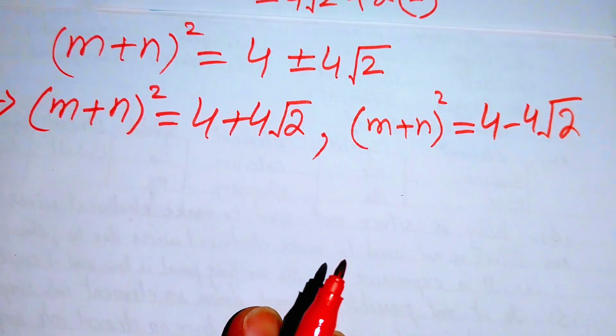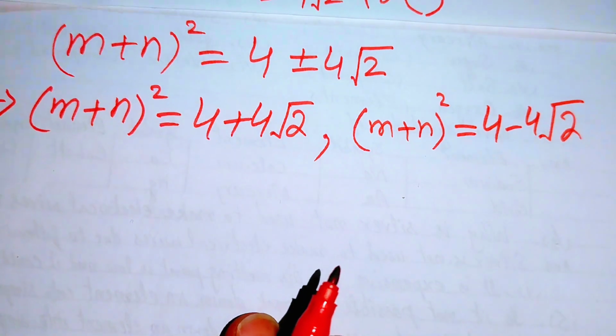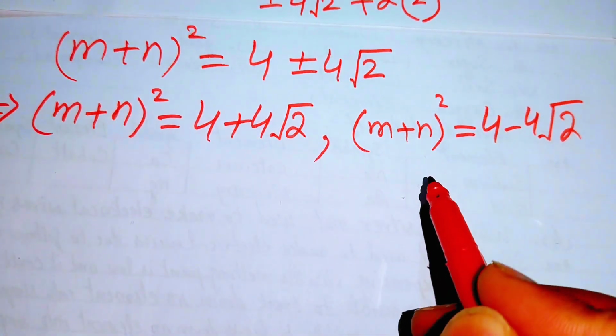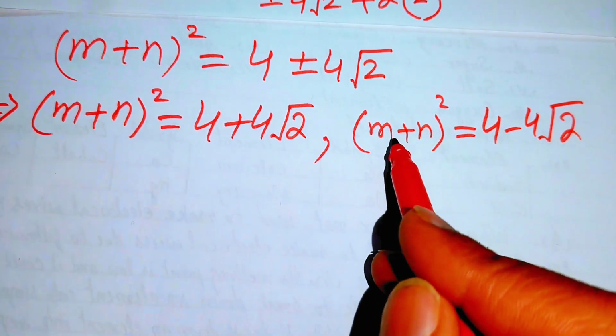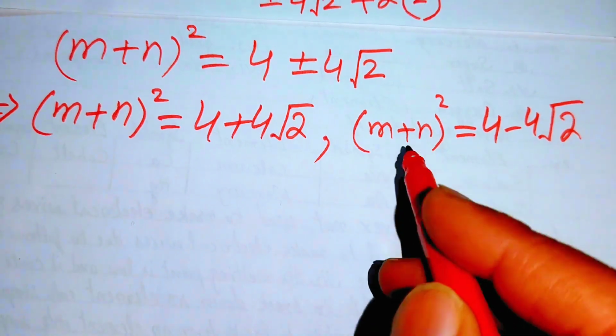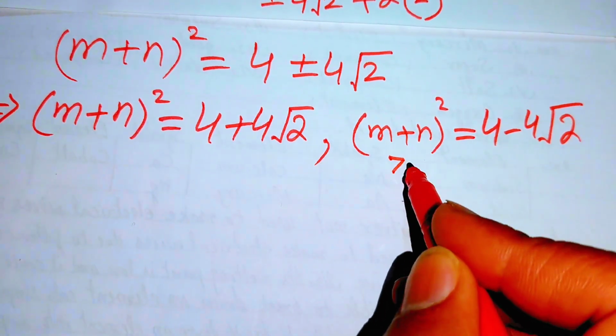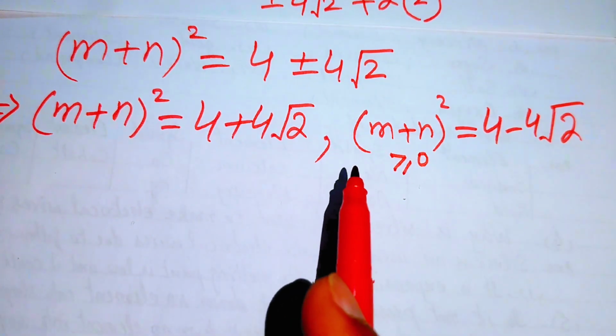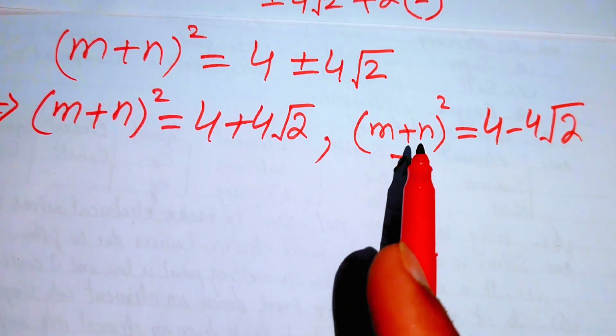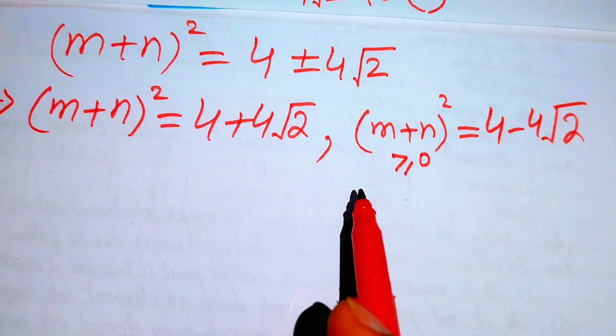So here we have these two cases, and first you focus on this case, and here you see that this is the square of two terms m and n. So you know that it is always greater than or equal to 0. So it cannot be possible that the value of m plus n whole square is negative.